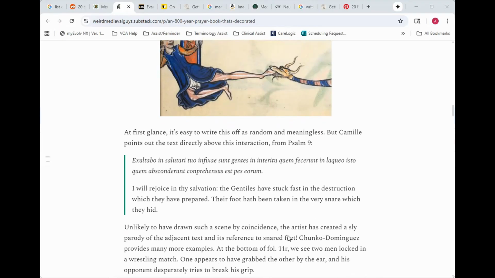So we've got a creature attacking somebody's foot right in the section after that text from Psalm 9 describing somebody's foot getting caught in the snare that they hid for themselves. This is a great example of those parts that are meaningful to, in this case, the text.